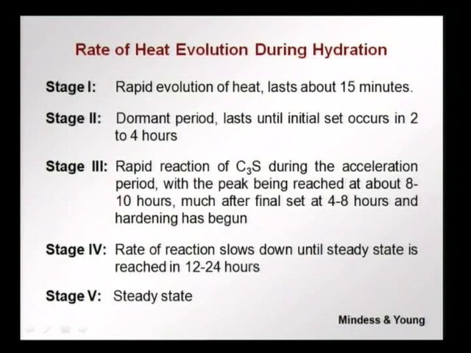In stage 4 the rate of reaction now slows down and we reach the steady state where there is no further increase in temperature, or rather there will be a decrease in temperature which occurs after a day or so, and finally we have the steady state where temperature is reaching an equilibrium with the external temperature.